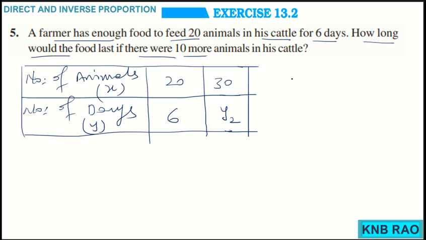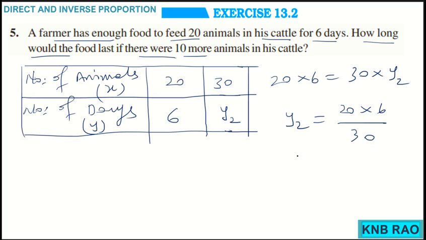The product should remain the same: 20 into 6 equals 30 into y2, y2 equals 20 into 6 upon 30. On cancellation, you will get 4, and the answer would be 4 days. Write the conclusion: 4 days will be the number of days the food lasts for 30 cattle.